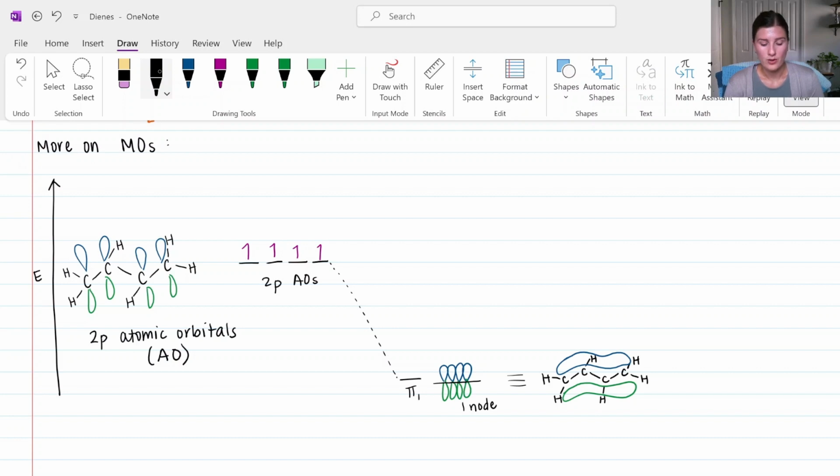So for these 4 2p atomic orbitals, we will form 4 molecular orbitals. 2 of them will be bonding and 2 will be antibonding. So I'll just draw those along the energy scale now. So we have pi 1. Pi 2 will be slightly higher energy than pi 1, but still lower energy than the atomic orbitals. Pi 3 is now an antibonding orbital. And pi 4 is the highest energy antibonding orbital.